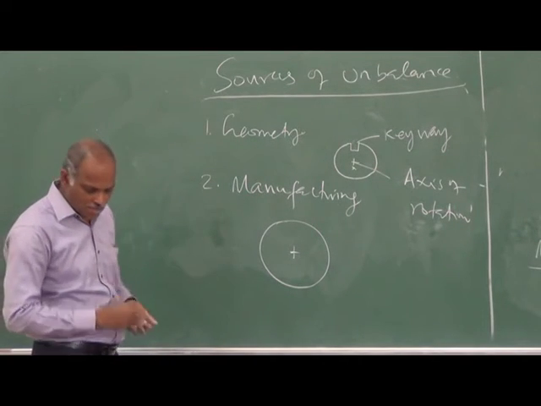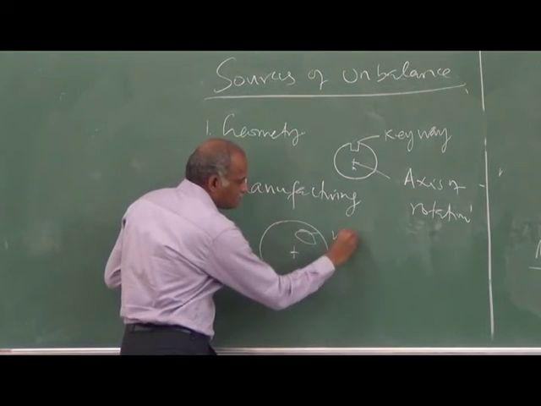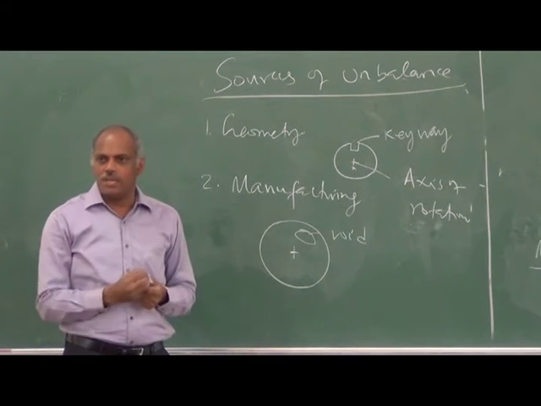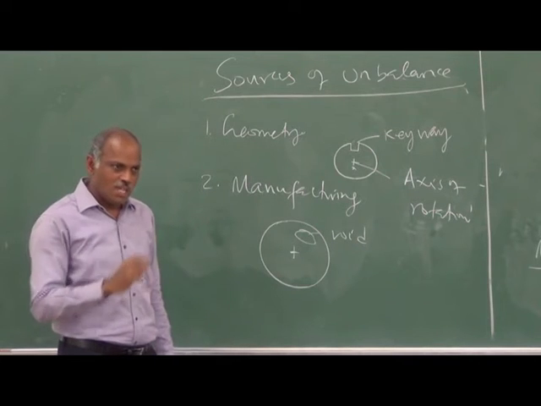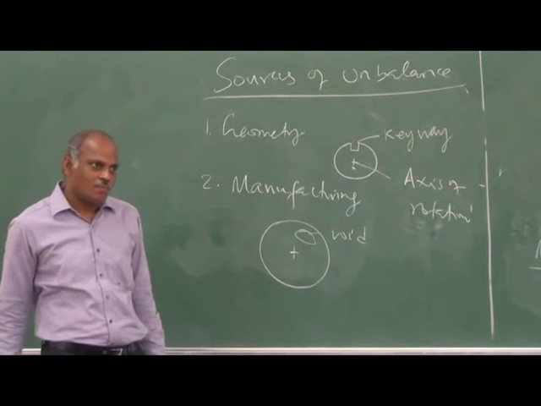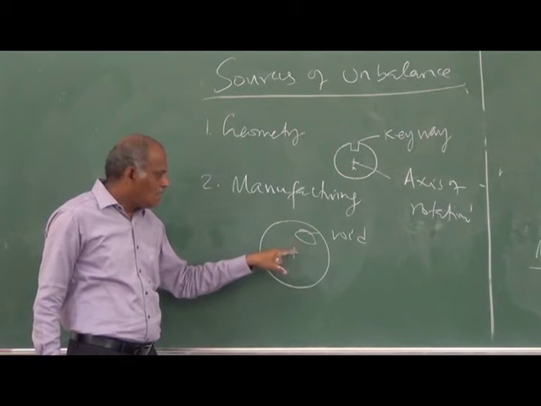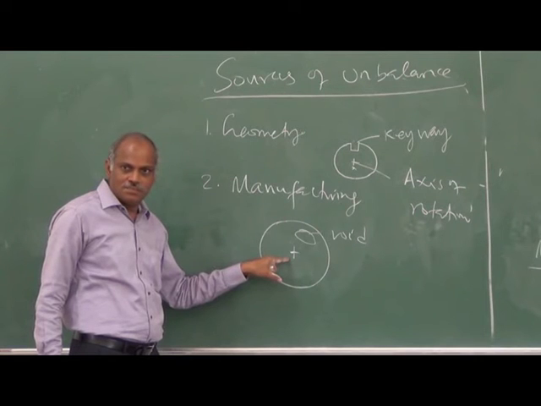If there is a void, because when you are pouring the metal, gases are entrapped, there may be a void inside. If there is a void, then the center of mass will be shifted to the other side.